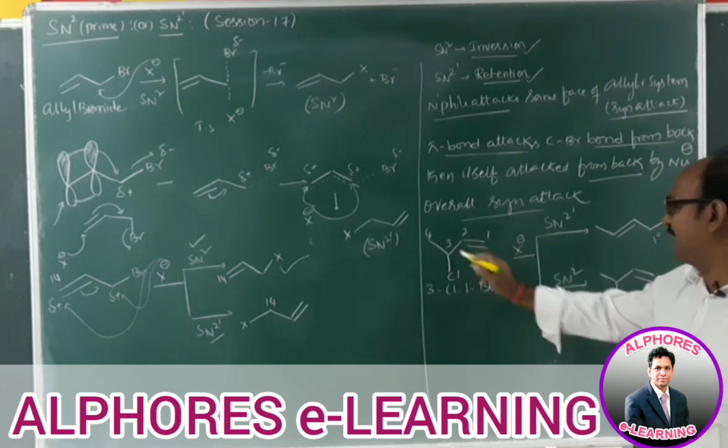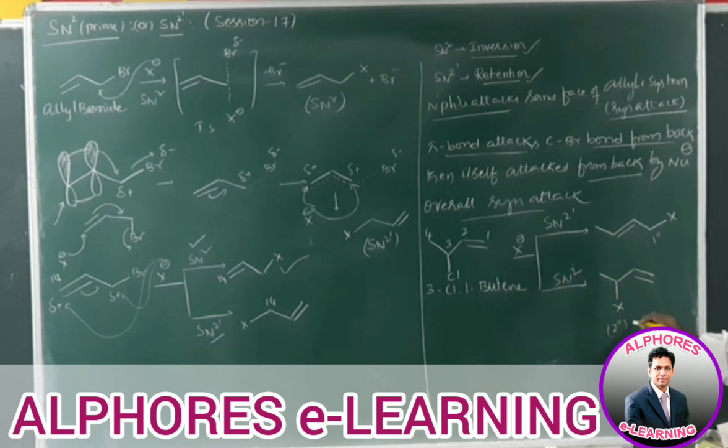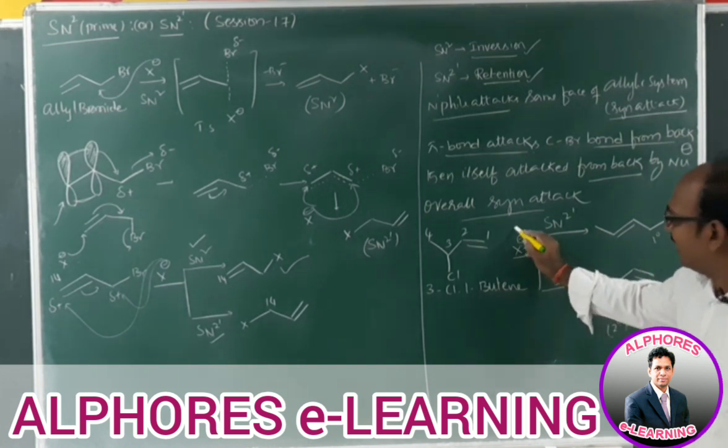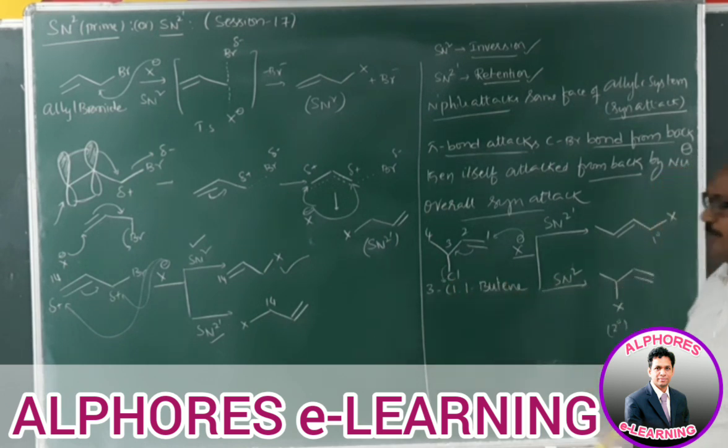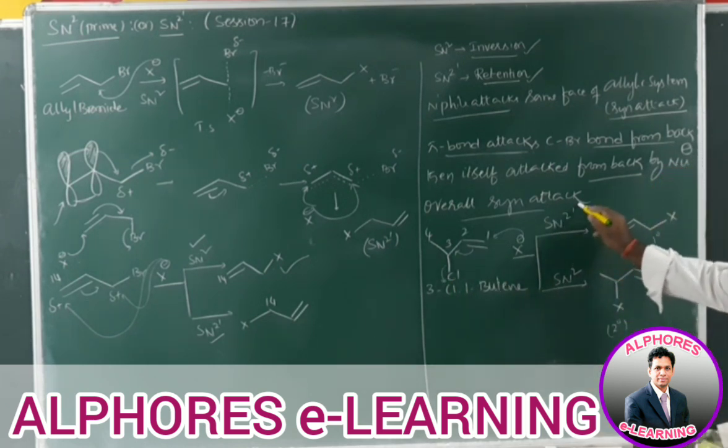So you get a secondary product with SN2. Whereas if this X minus approaches here, these pi electrons shift here, and this one leaves away, in such a case we get the SN2 dash product, which is a primary allyl halide.